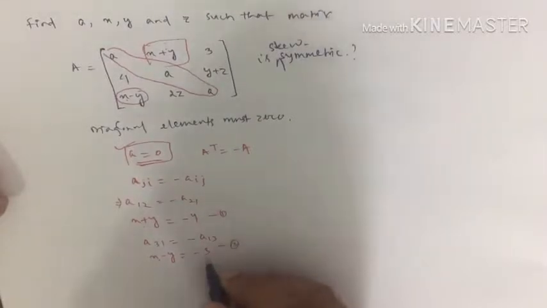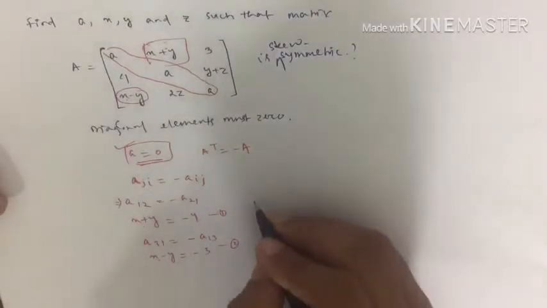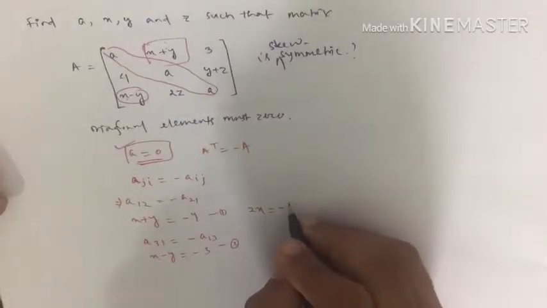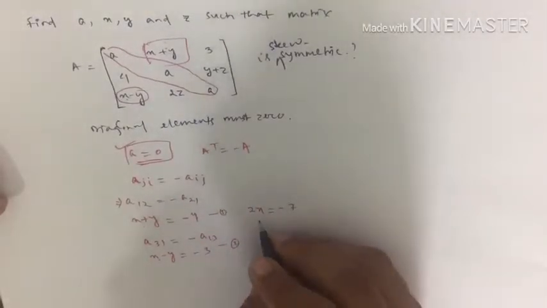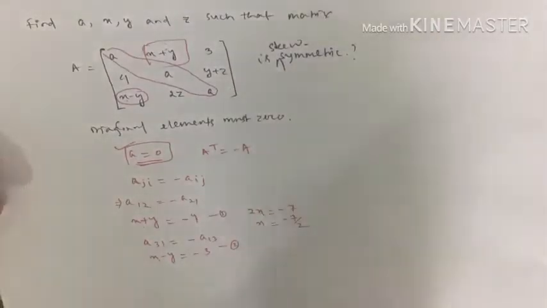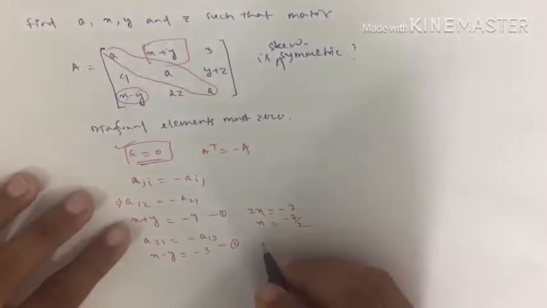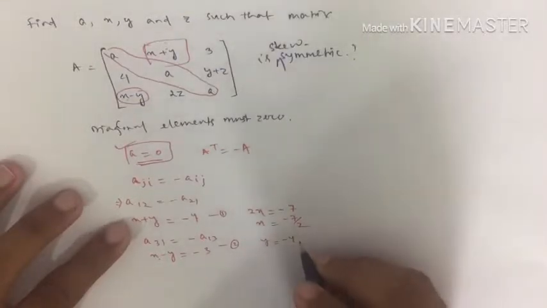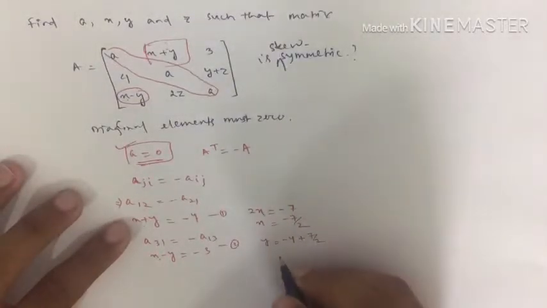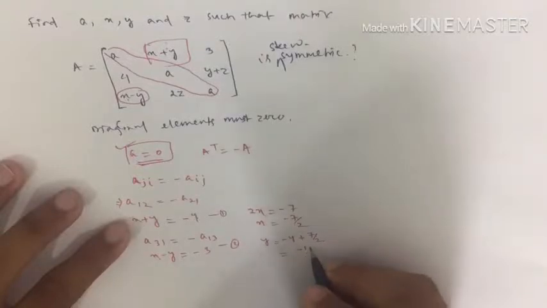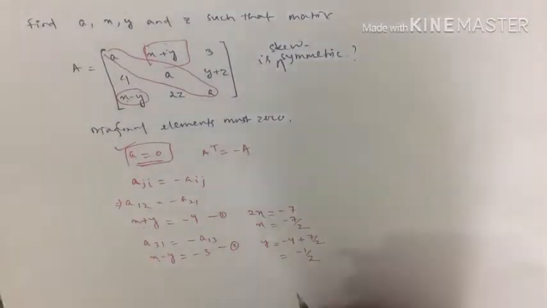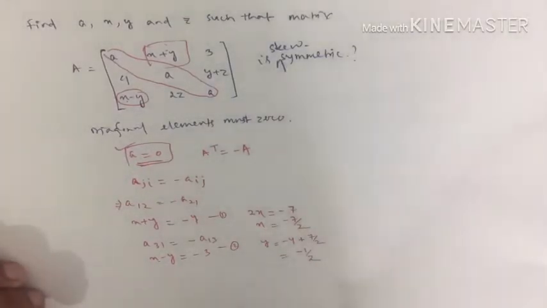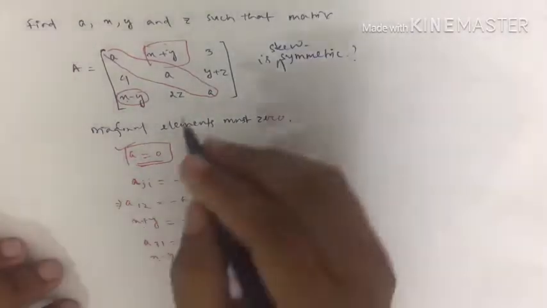From these two equations, you just add them, 2x equals minus 7. So x equals minus 7 by 2, and put the value of x here, you will get y equals minus 4 plus 7 by 2, which is minus 8 plus 7 by 2, this is minus 1 by 2. So you get x, y.